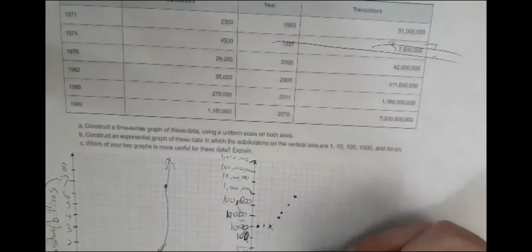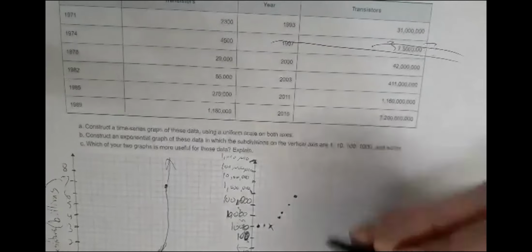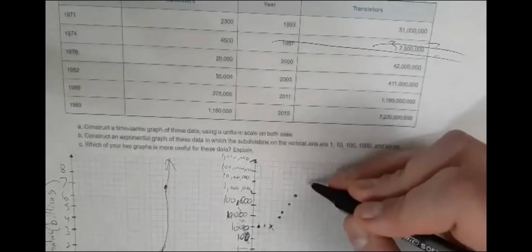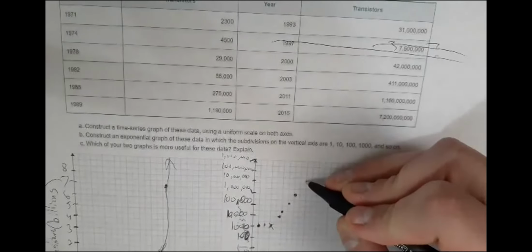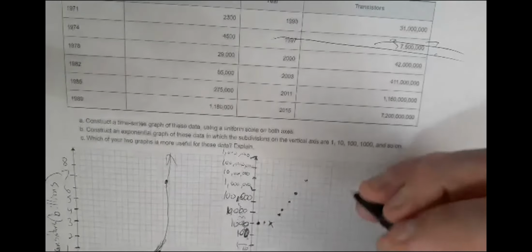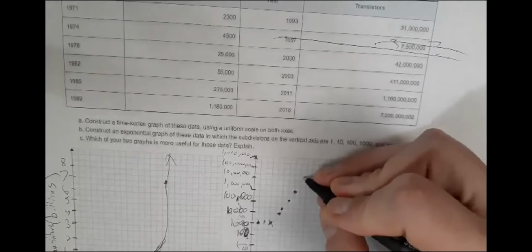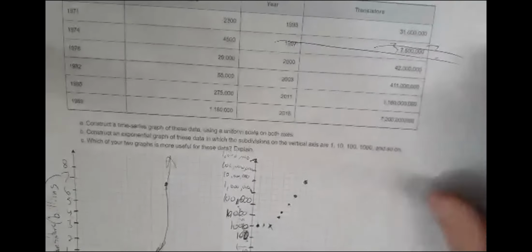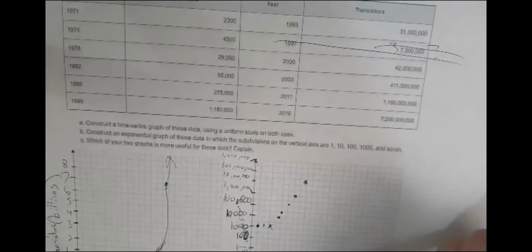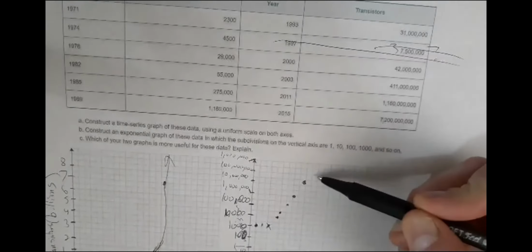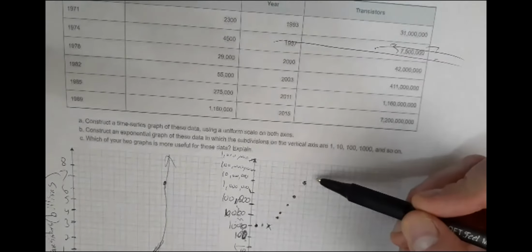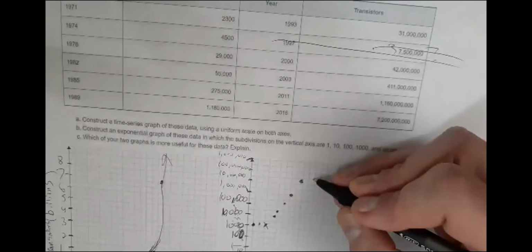93 around here. 2,000 is right around this line, and I'm going to 42. About the halfway point here.